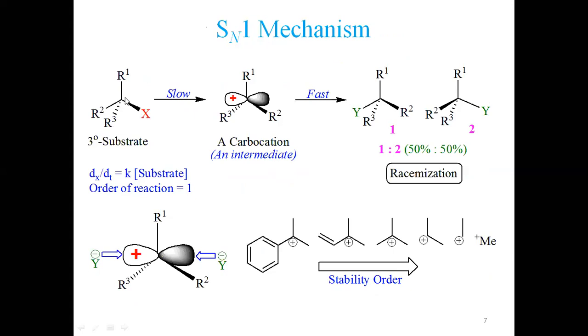Because there are three alkyl groups present on the carbon where the leaving group is attached, so this carbon is sterically very crowded. The nucleophile is unable to approach, as we find a lot of steric hindrance from these three alkyl groups. That's why tertiary substrates prefer the SN1 mechanism, in which the carbon-X bond cleaves first.